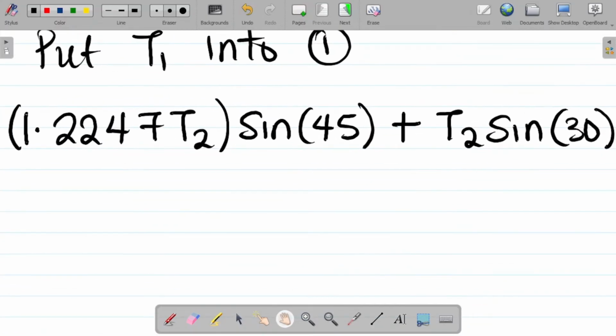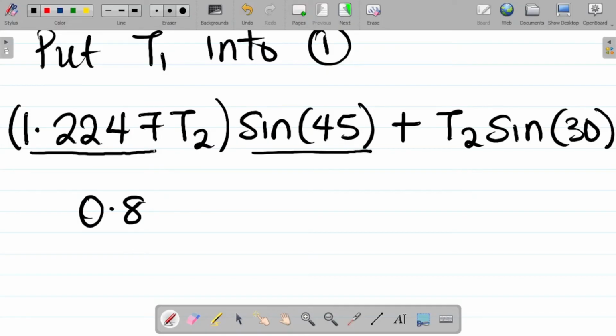So let's punch this. What you simply do is punch 1.2247 multiplied by sine 45. If you do that, your answer will give you about 0.8660, approximately.